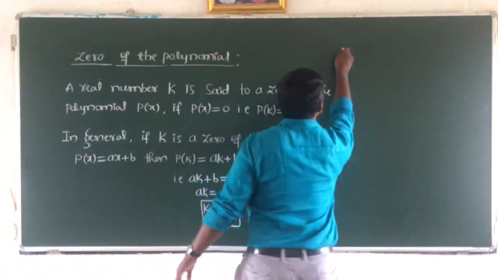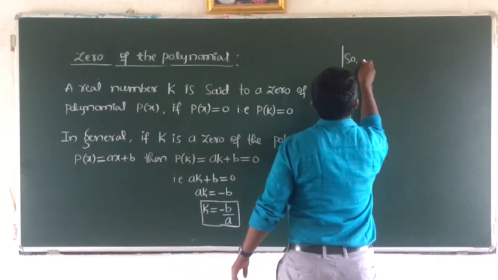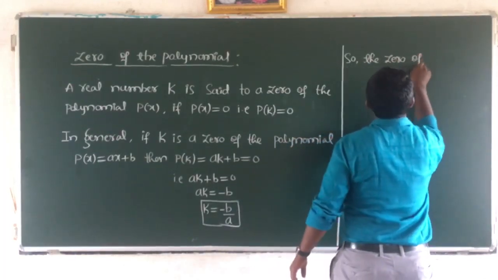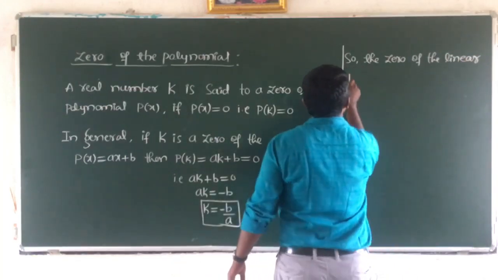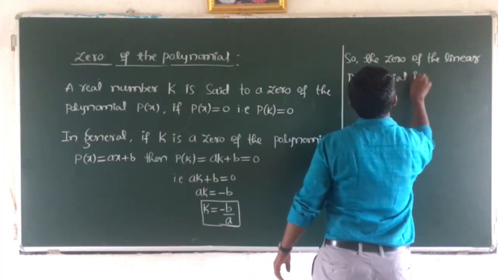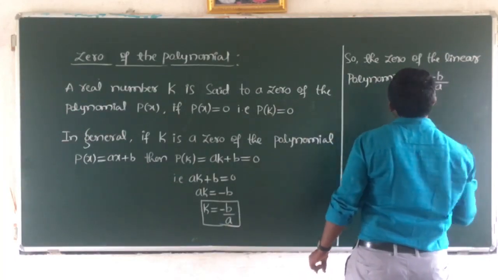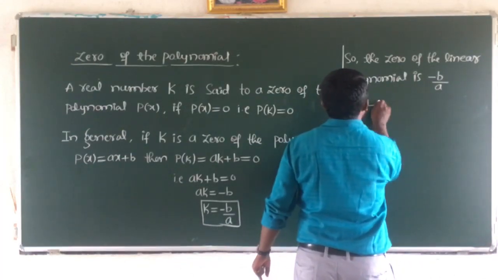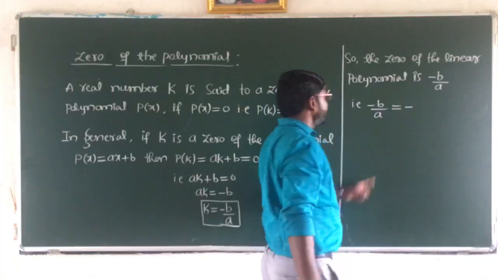Now see here, the zero of the linear polynomial is minus b by a. What is b here?